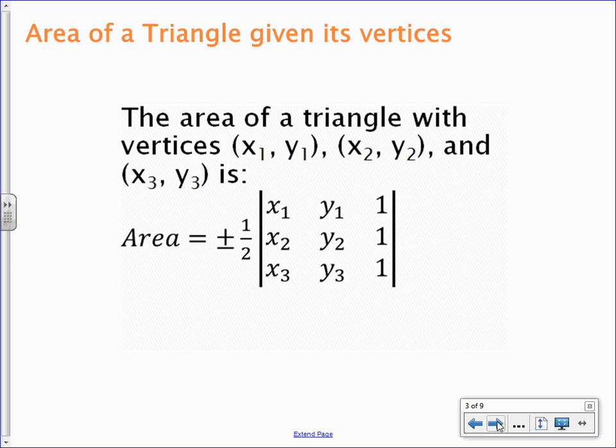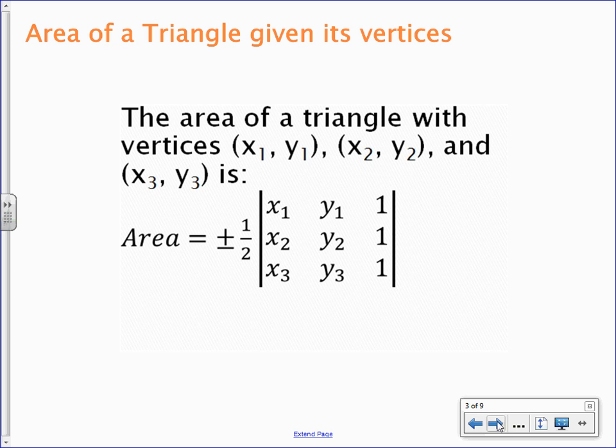So if your determinant ends up being negative, then you need to use the negative 1/2, so you get a positive area. If your determinant is positive, then you need to use the positive 1/2, so you get a positive area. Okay?